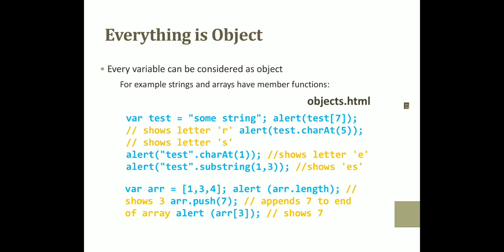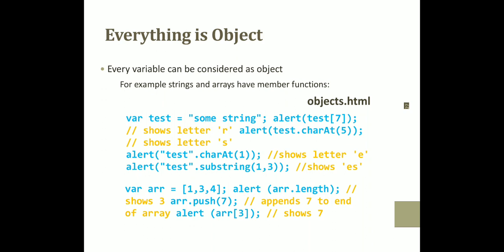Please read this example carefully. We have first given test, the string, as some string, and we have provided the alert as test of 7.